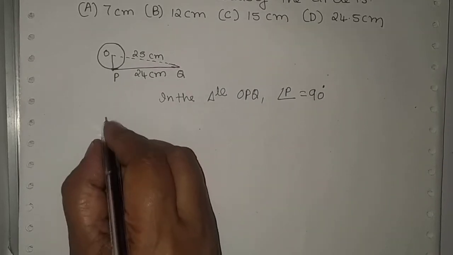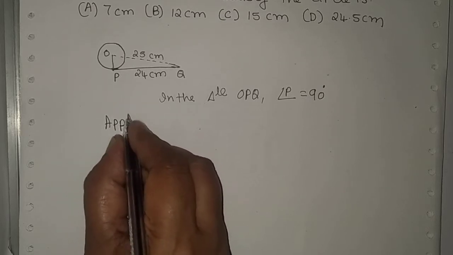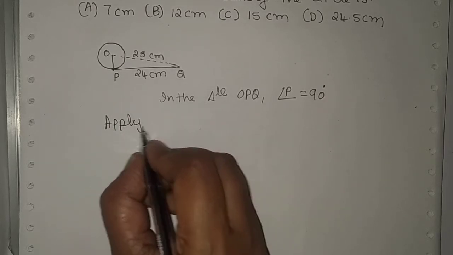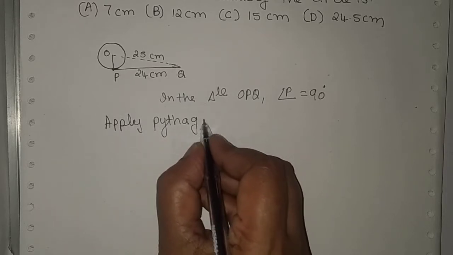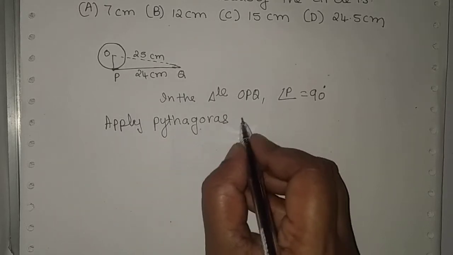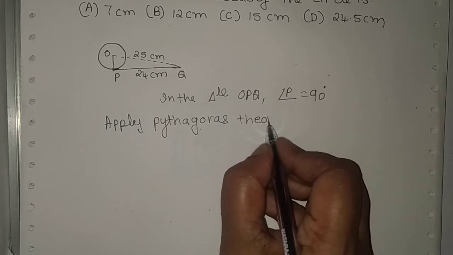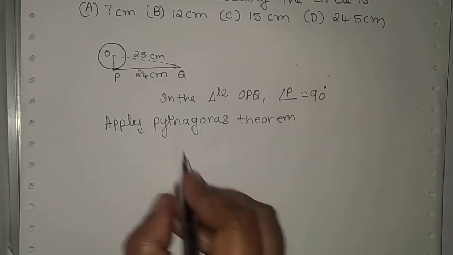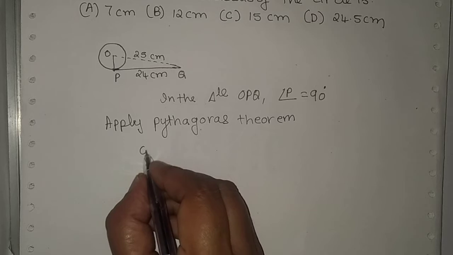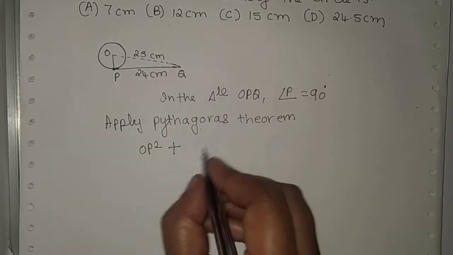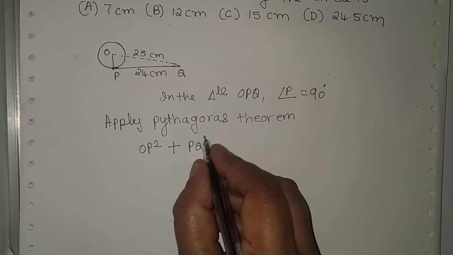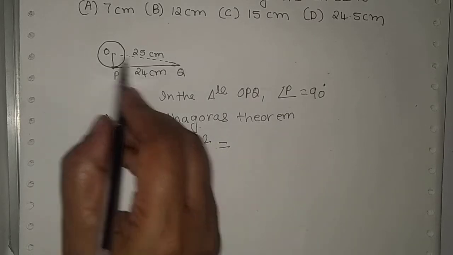So now we apply Pythagoras theorem to the triangle. Applying this, what we get is OP square plus PQ square is equal to OQ square.